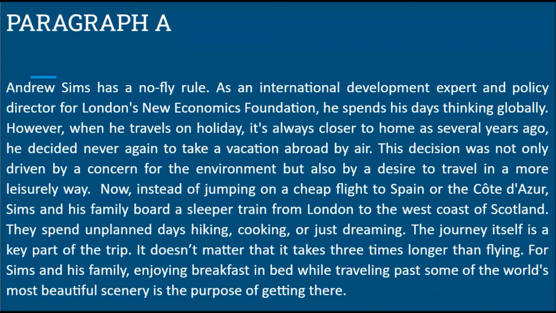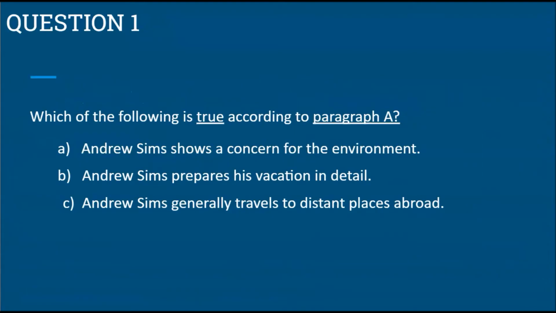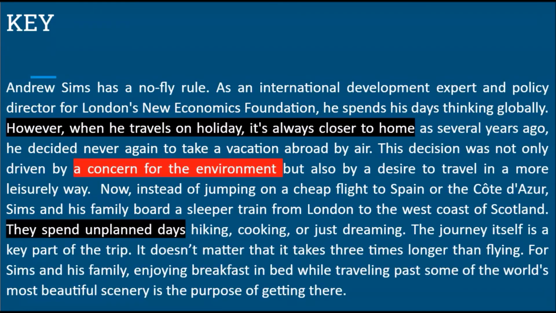If you're done reading paragraph A, you must have an idea about the answer. And now let's check if the answer that you have is correct or not. Remember that this was our question. Which of the following is true according to paragraph A? In paragraph A, we see that Andrew Sims has made a decision, and this decision was not only driven by a concern for the environment, but also by a desire to travel in a more leisurely way.